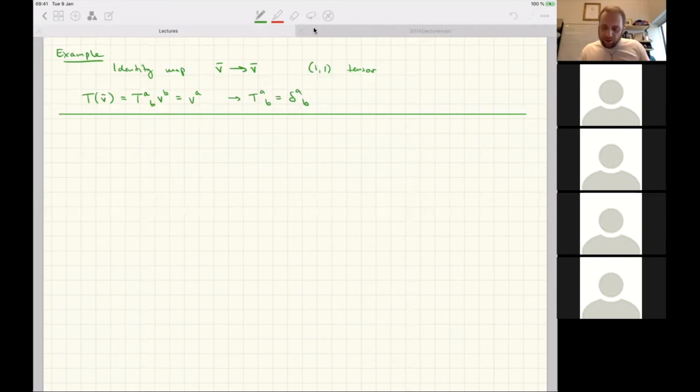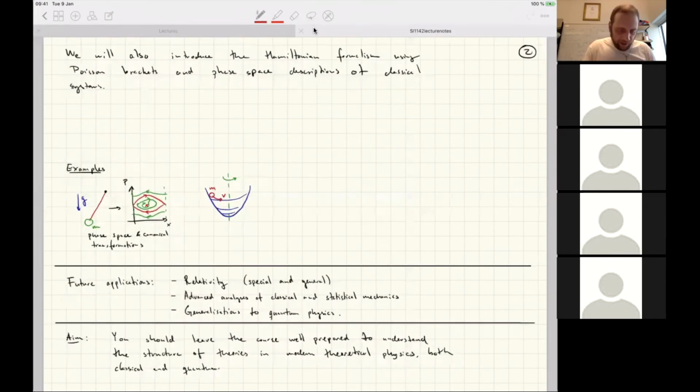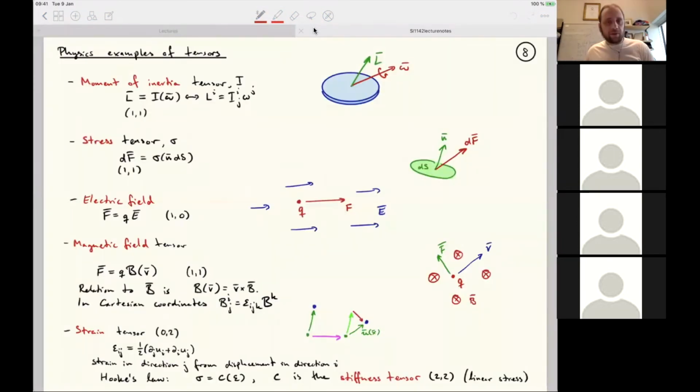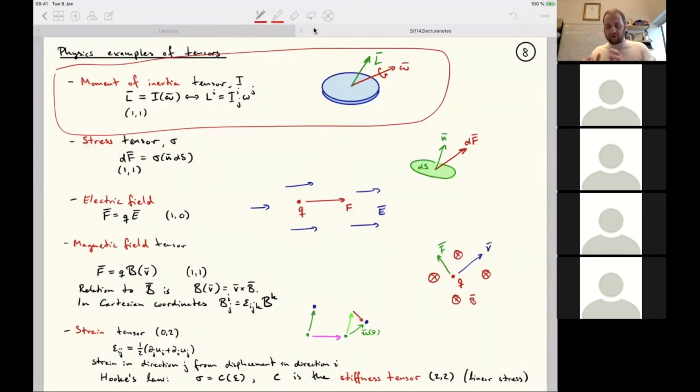Okay, so let me just briefly go to the lecture notes. Just to give you a few more examples of tensors. As someone already said, the first example I have of a tensor is the moment of inertia.